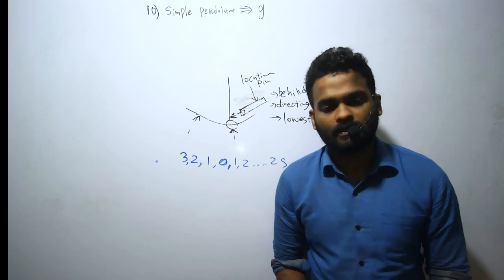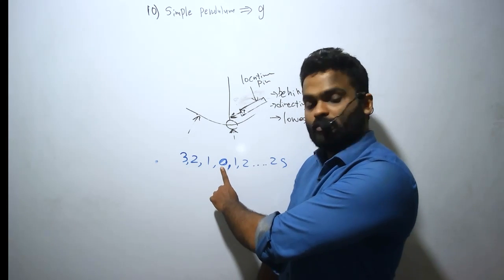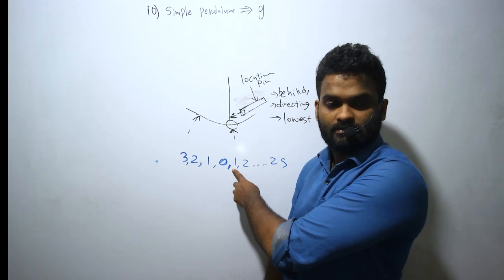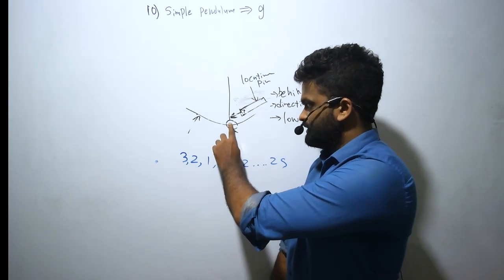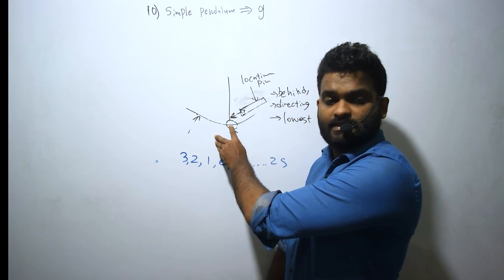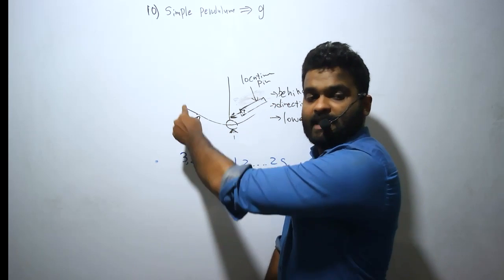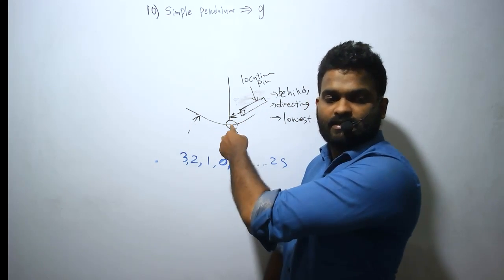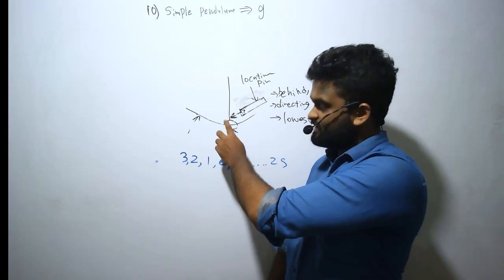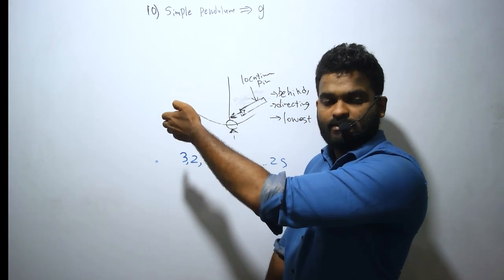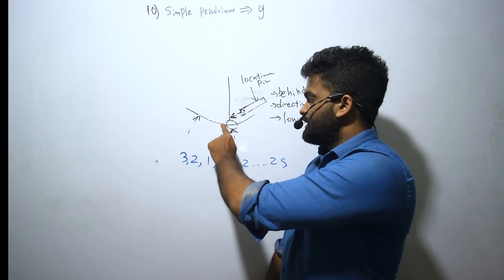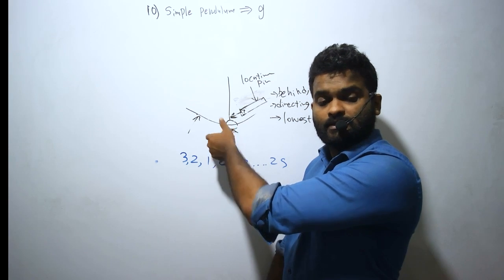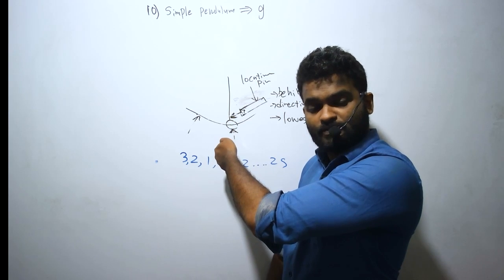Okay, so you start counting from 0, right? Because you start counting when you are saying 0, then 1 oscillation, 2 oscillation, like that. Understood? You say 3, 2, 1, and as this passes 0, you start from 0, right?